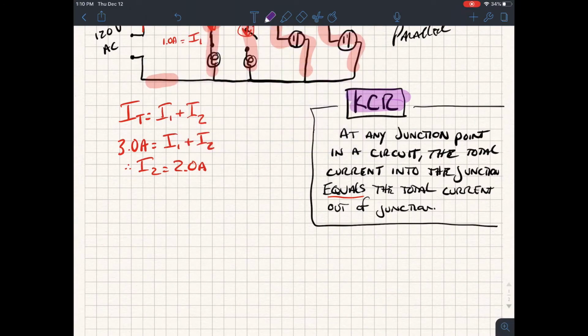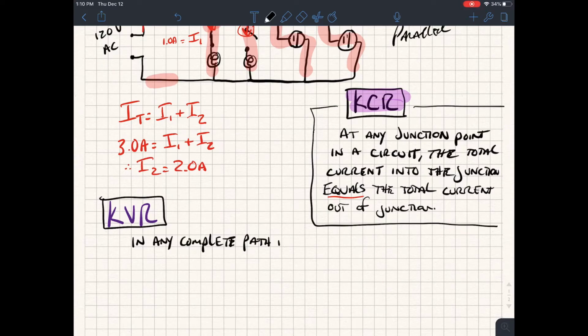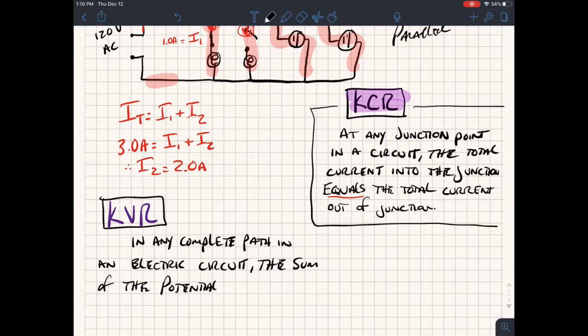What about Kirchhoff's voltage rule? What's that all about? Kirchhoff's voltage rule is a little bit different, and it says this: in any complete path in an electric circuit, the sum of the voltages, or as we know it, the potential difference, the potential rises, equals, that's not how you spell equals.